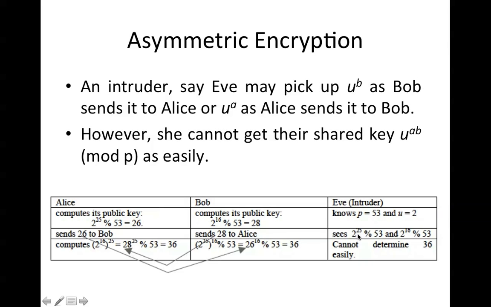That not being the case, Eve struggles pretty heavily to be able to get that number 25, the same way number 16. In other words, just getting these private keys would be extremely difficult.